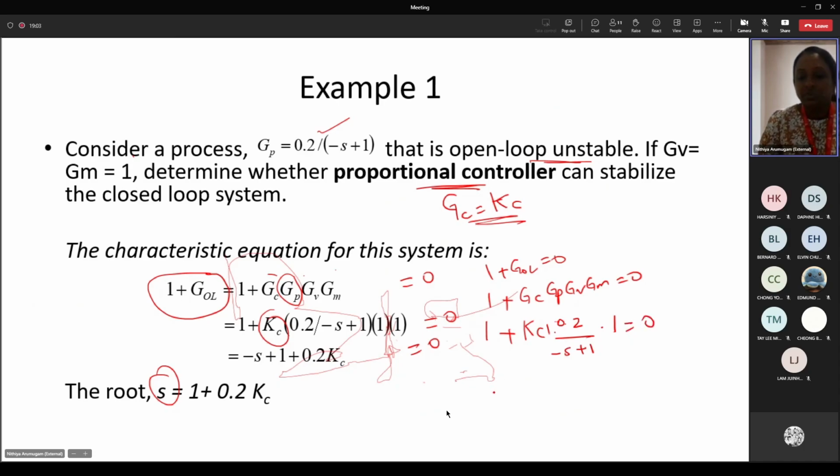So rearranging the equation, finally you will get s equals 1 plus 0.2 Kc.